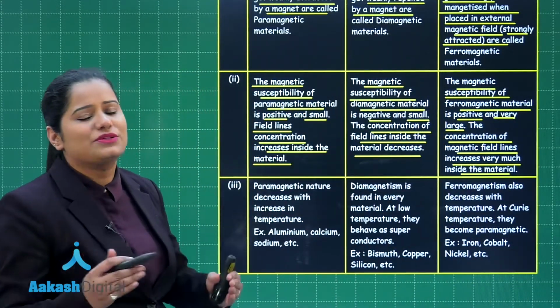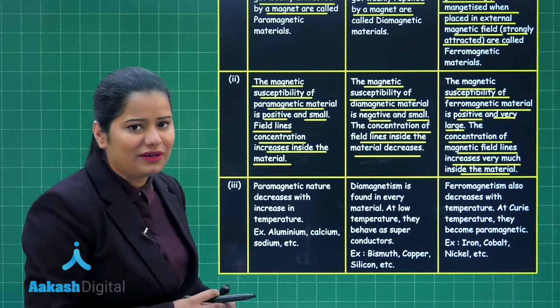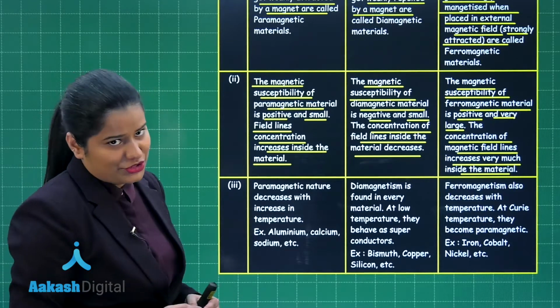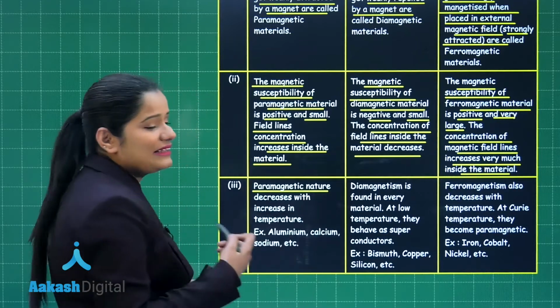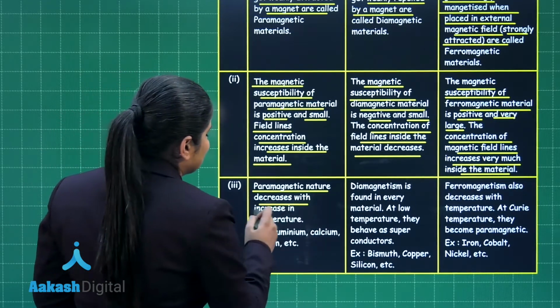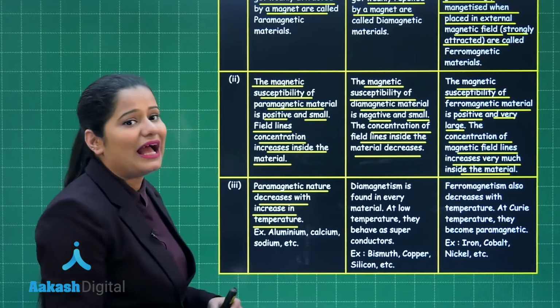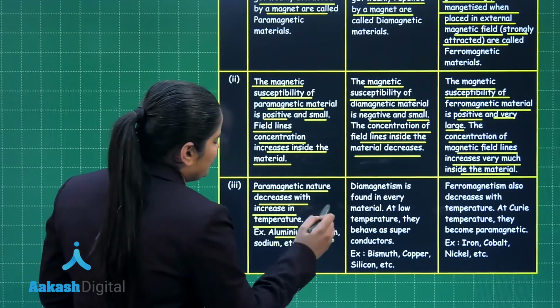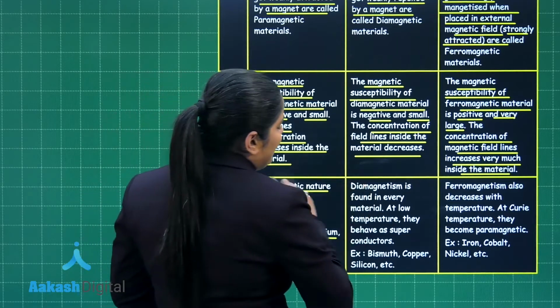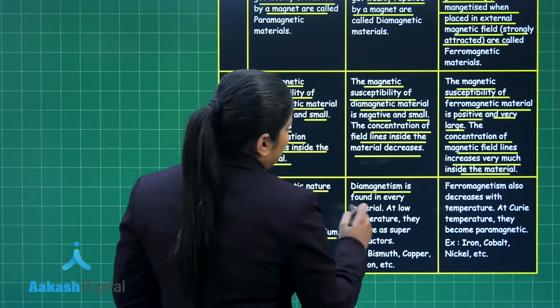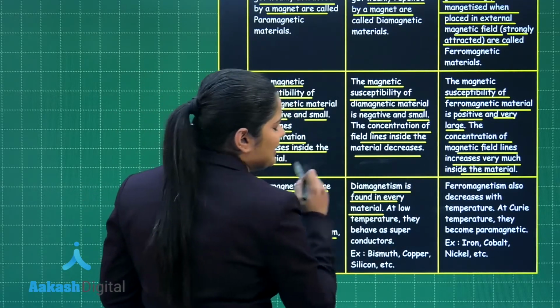Moving on to the next parameter, that is the temperature. The paramagnetic nature of the material decreases with increase in temperature, and the examples are aluminium, calcium and sodium. Moving on to the diamagnetic material, diamagnetism is found in every material.